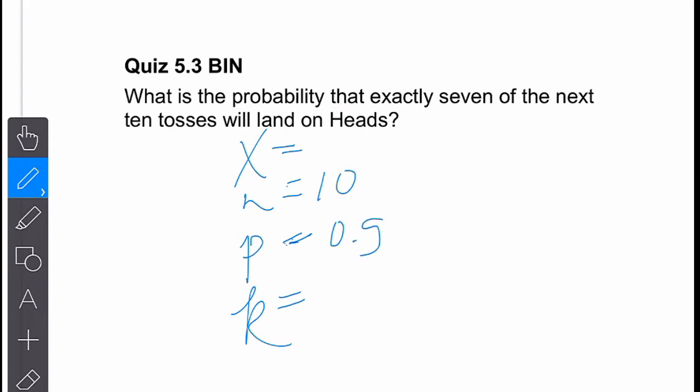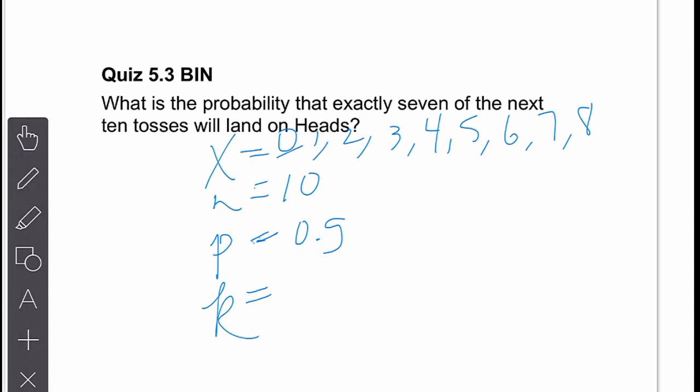and the possible outcomes are 0, 1, 2, 3, 4, 5, 6, 7, 8, 9, and 10.